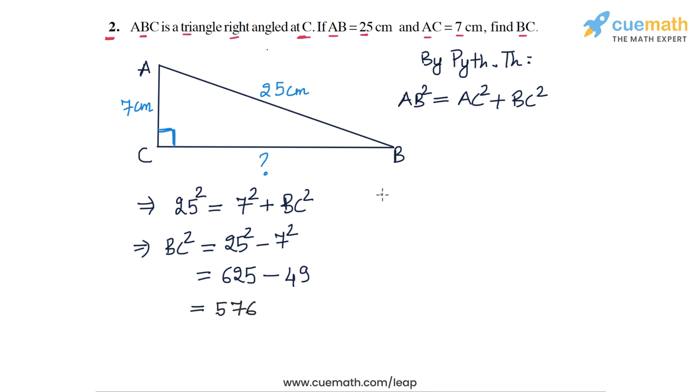So BC square is equal to 576, and this means that BC is equal to root of 576, and the root of 576 is 24. So BC is 24, which means that the length of this third side is 24 centimeters. So this is the answer, 24 centimeters for question number 2.